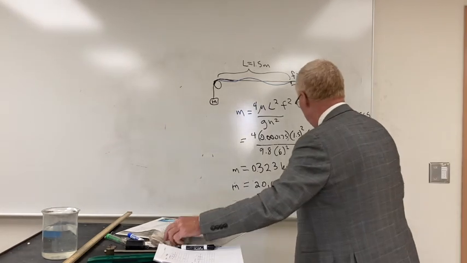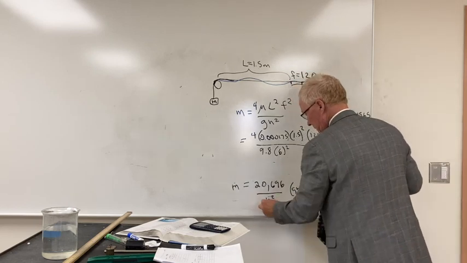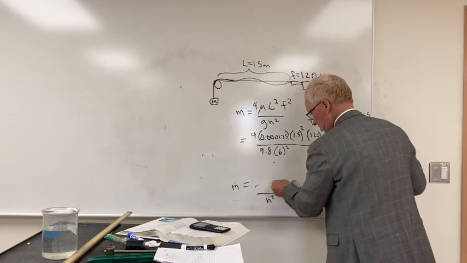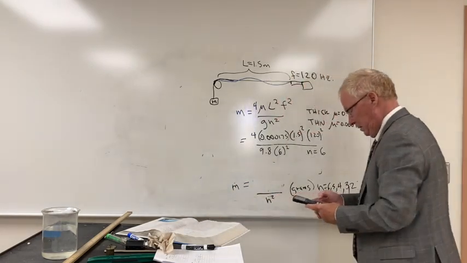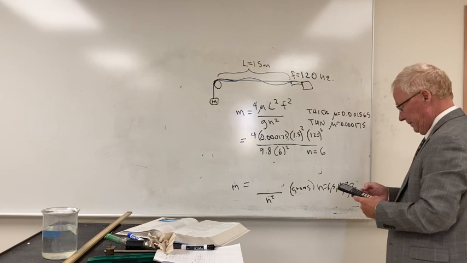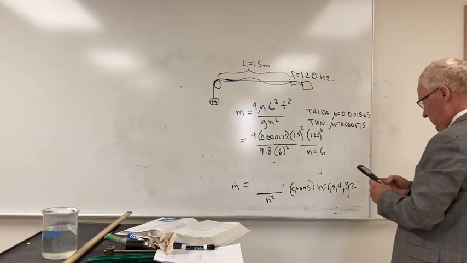So, this is what we had before. This is what we have now. So I'll calculate this. All right, so we get 0.5.